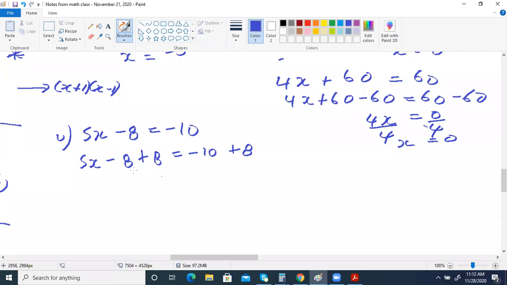So this becomes 5x equals minus 2. Then you divide it down. It's minus 2 divided by 5. There you go. That's minus 0.4 or 2 over 5.